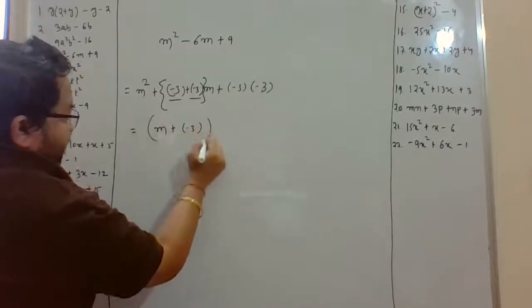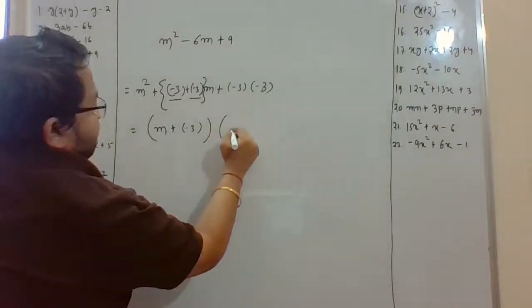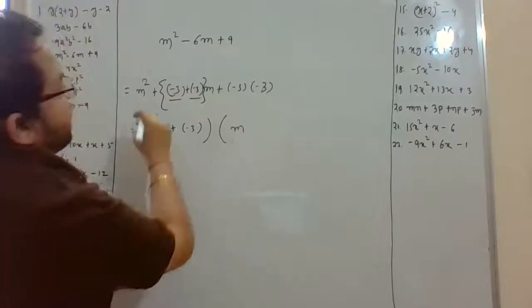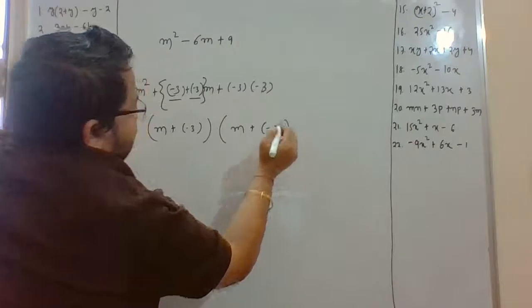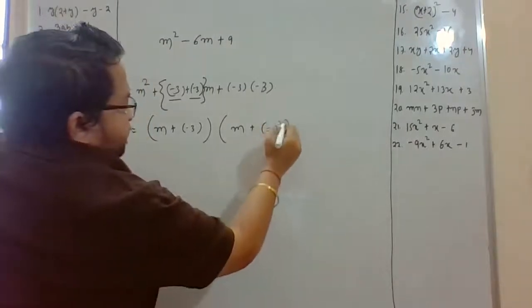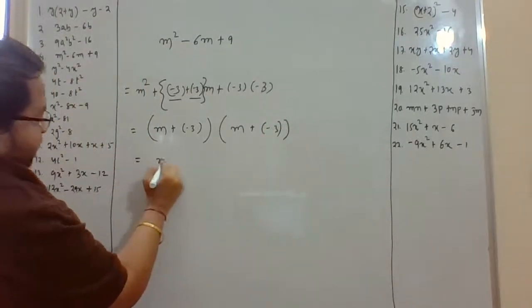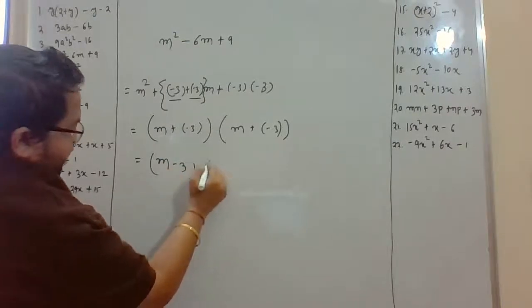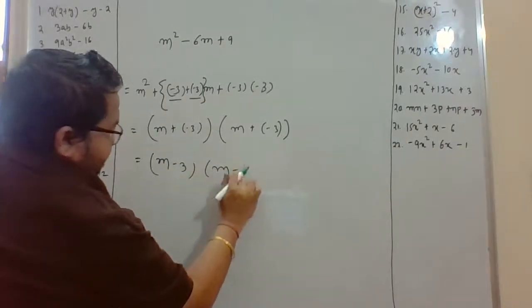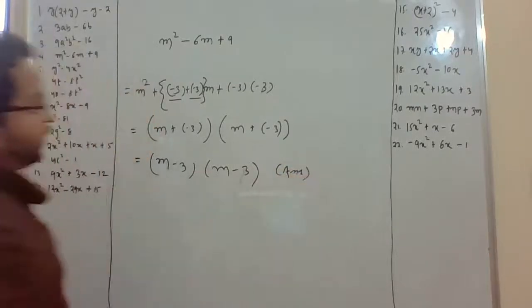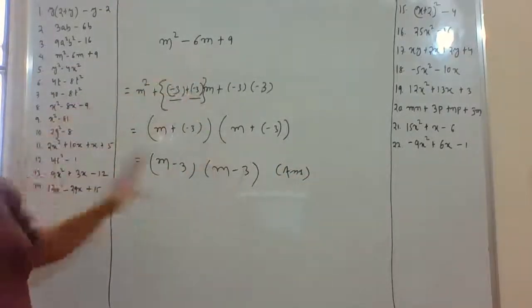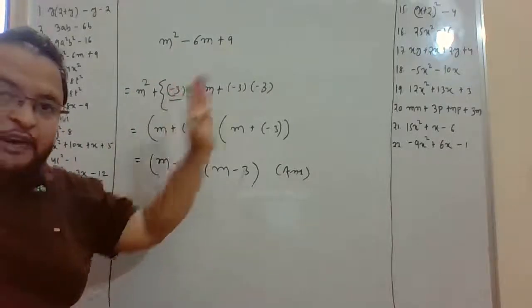This will be the first term into m plus minus 3, this will be your second term, right? So that is nothing but m minus 3 into m minus 3, right? So I solved it using the sum and product type method of factorization.